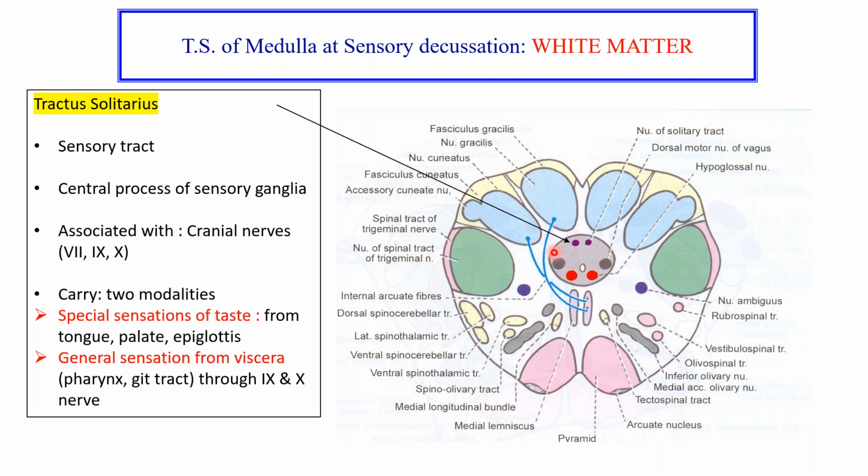They are very important because they carry two basic modalities: the special sensation of taste from the tongue, palate, and epiglottis, which is carried through the nucleus of tractus solitarius, and general sensation from the viscera of the pharynx and gastrointestinal tract through the 9th and 10th cranial nerves. So taste is for the 7th, 9th and 10th cranial nerves, and we are carrying general sensation from the viscera through the tractus solitarius, which is coming from the nucleus of the solitary tract.